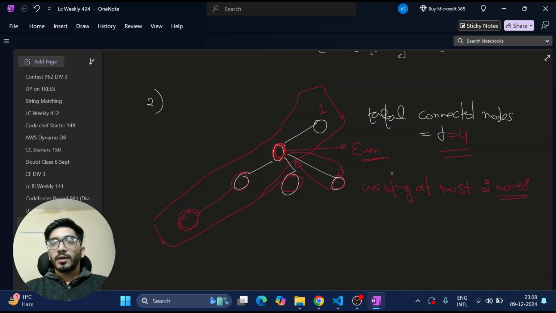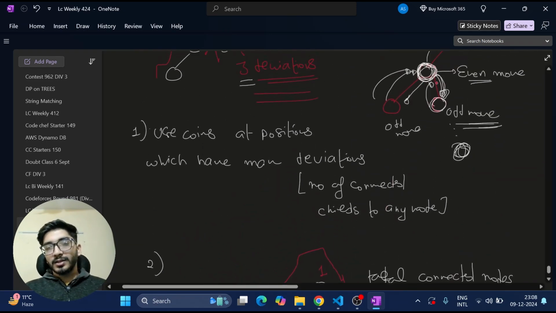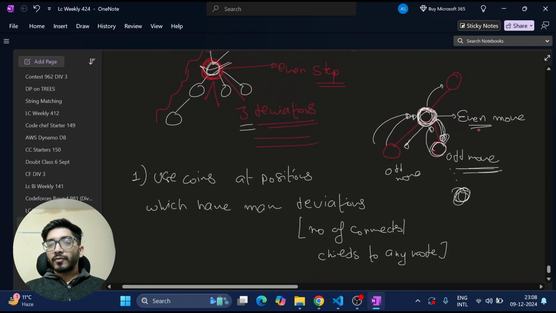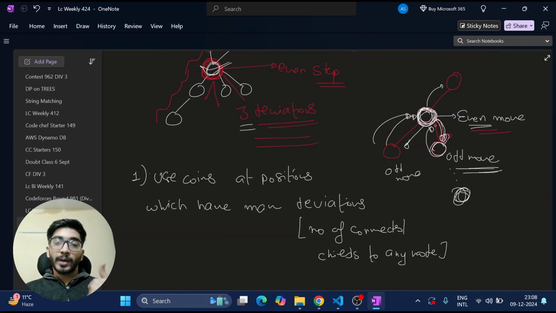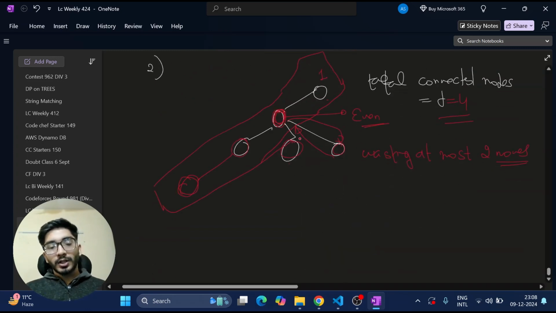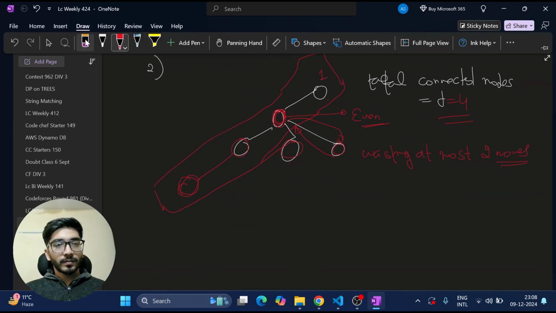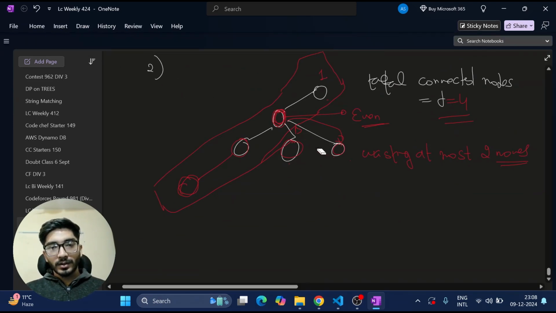Why 2 moves? We had discussed this just here that for any even move, even if I move in any opposite direction, I will be at my odd move at that particular node and I can come back to my original node. So for this particular node also, let's erase the unnecessary things first.